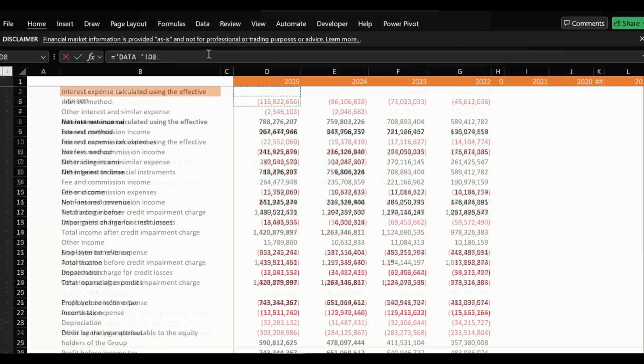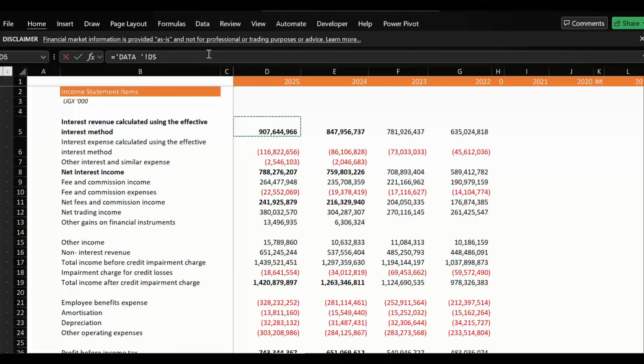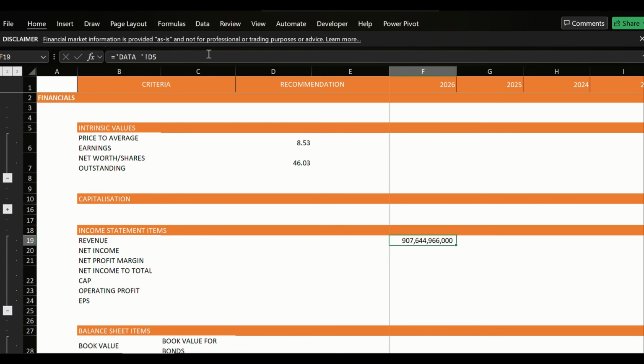Okay, everything has to be kept dynamic here, or else your risk is the total revenue. So this is 2026, this is 2025 data.